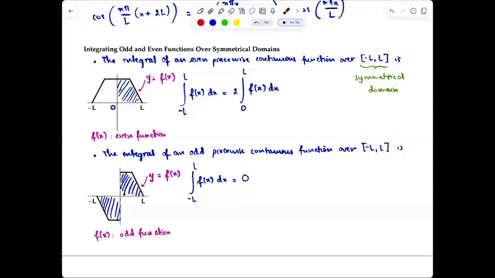So one negative value, one positive value, they basically cancel out. So when you integrate an odd function over a symmetrical domain, you automatically get 0. This result is very helpful for the following calculations that we're going to have. Again, I want to emphasize that this interval of consideration is a symmetrical domain.